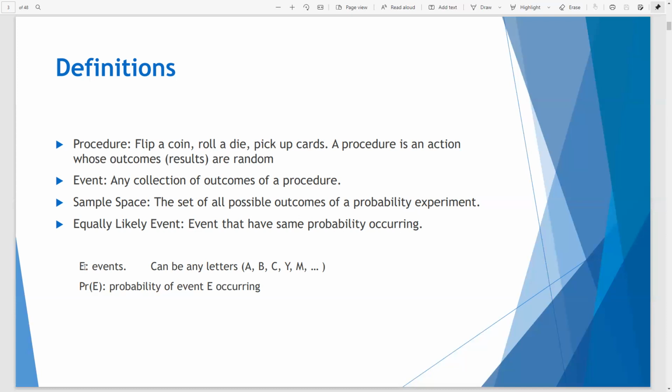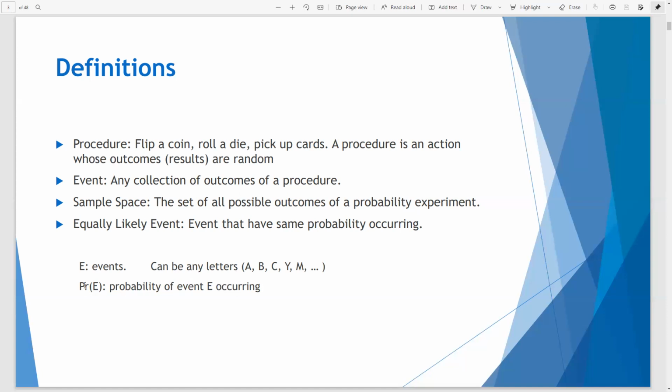Right, so notations, we usually use capital English letters for the events, right? Event, if not specified, we could use the letter E. Some questions will specify it. We could use A, B, C, Y, M, X, or whatever we can use, right? All the letters, or sometimes even subscripts could appear, right? Pr of parenthesis E means the probability of event E occurring.